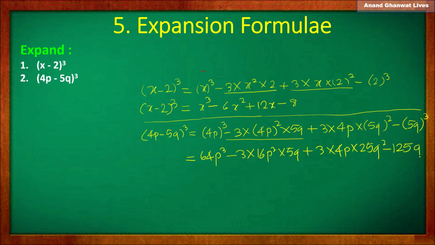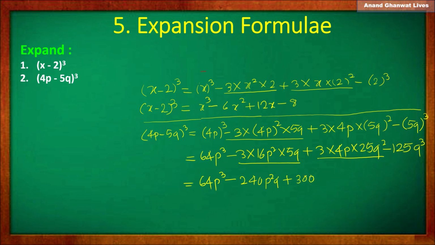125q cube. Now to complete the product, we got 64p cube minus, now 16 into 5 into 3, that is 240, p square q, plus 3 into 4 into 25, 25 into 4 is 100, and multiplied by 3, that is 300.